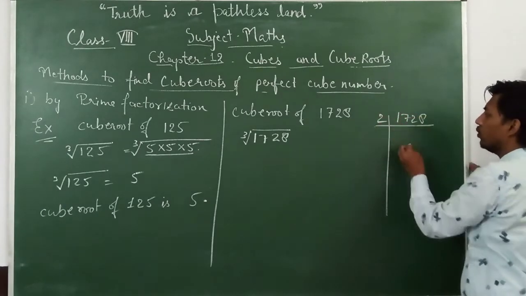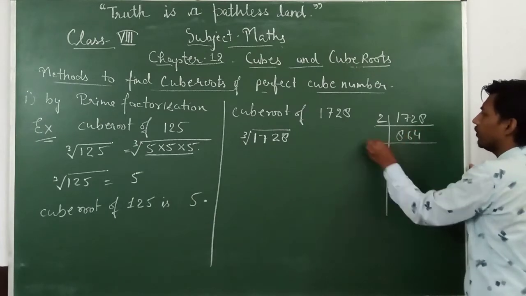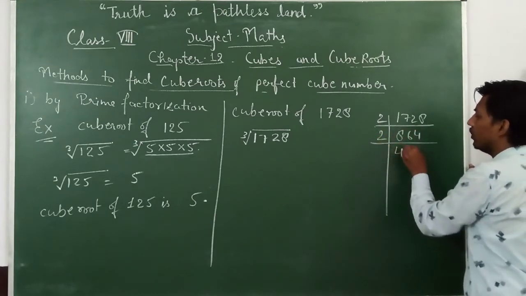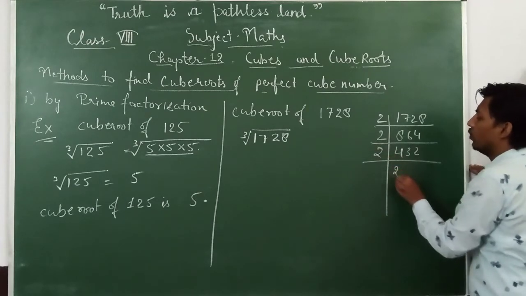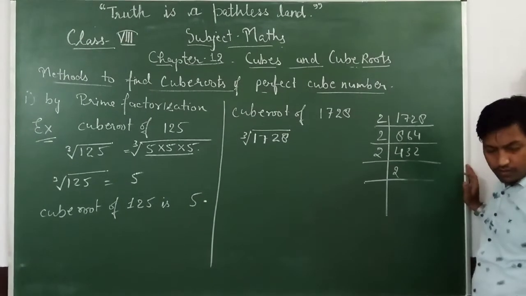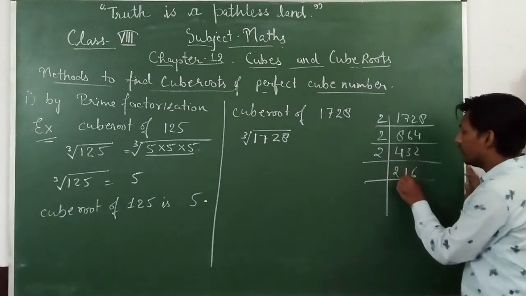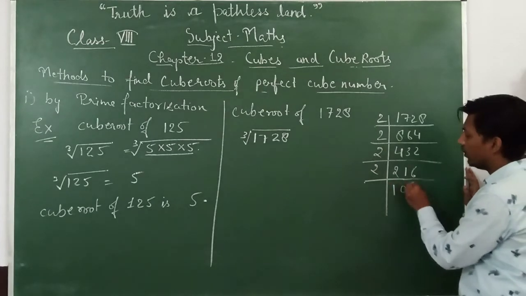1728 divided by 2 is 864. Divided by 2, 432. Divided by 2, 216. Divided by 2, 108.